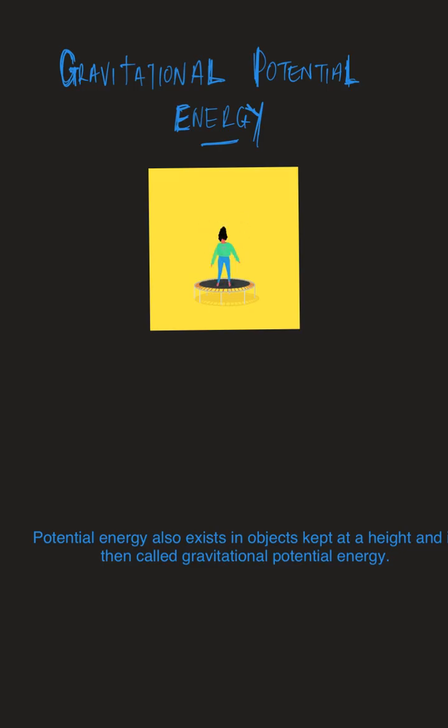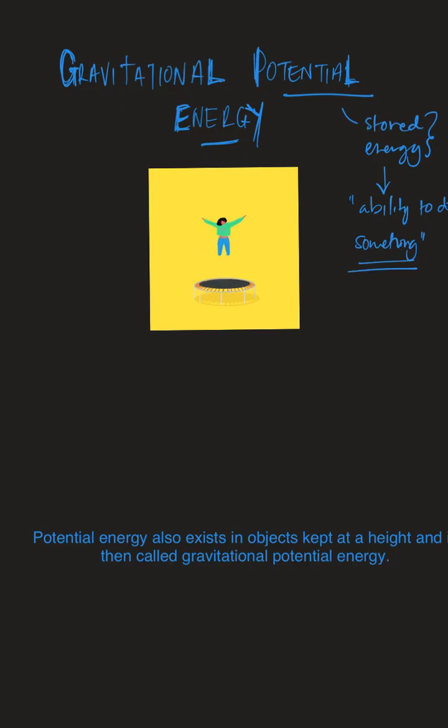Right, so the first key concept that we're having a look at here is gravitational potential energy. So when we talk about potential energy, we're talking about stored energy. All right, we have all this energy that's stored and built up. And what we mean by potential, it means the ability to do something. And this something is important because that means you have the ability to do anything.